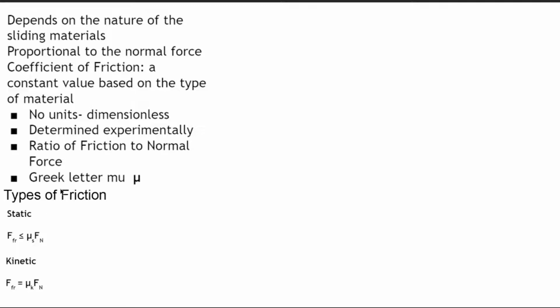So if we look at the types of friction that I have here, we have static and we have kinetic. You can see static is an inequality, because static friction applies when the object is not moving or just about to move.